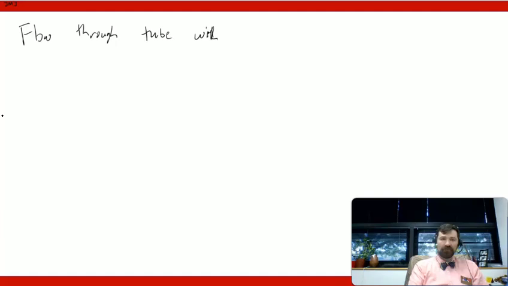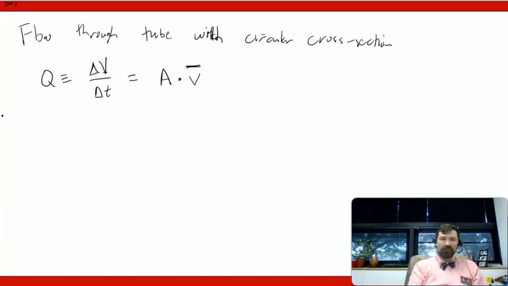What you're basically looking at is the flow rate, Q, defined as delta V over delta T. That should look like the cross-section area times basically the speed of the fluid. But of course this ends up being an average speed.